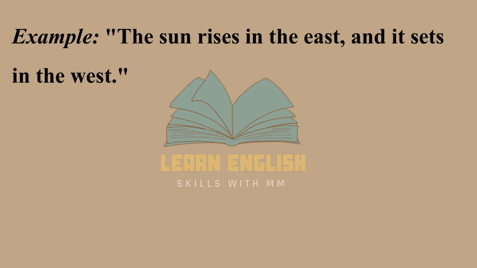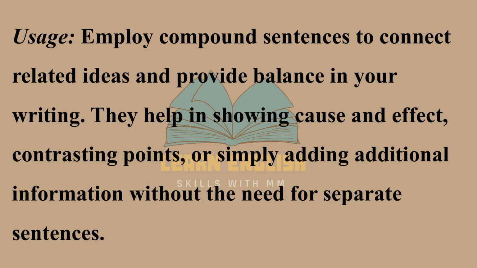Example: the sun rises in the east, and it sets in the west. Usage: employ compound sentences to connect related ideas and provide balance in your writing. They help in showing cause and effect, contrasting points, or simply adding additional information without the need for separate sentences.